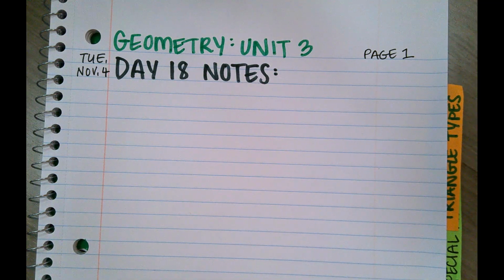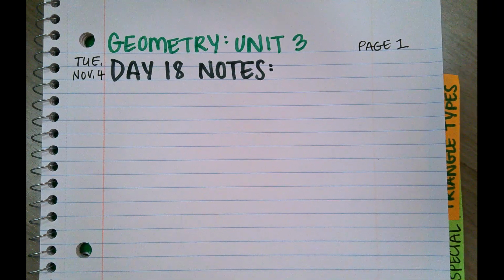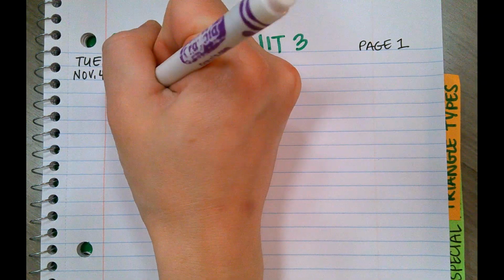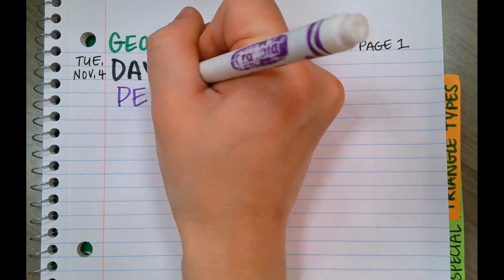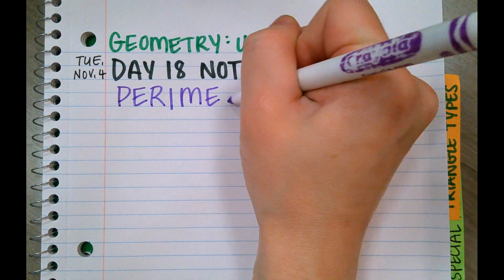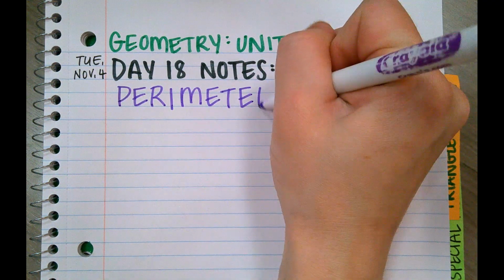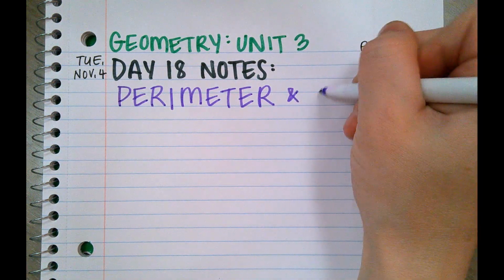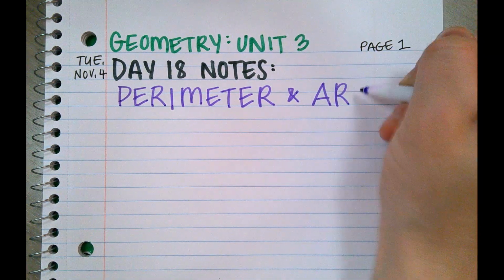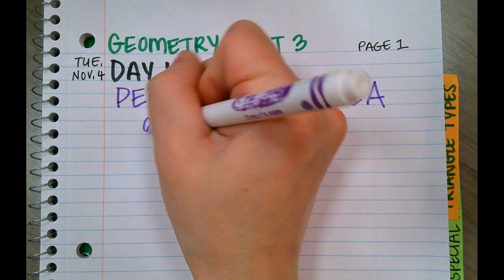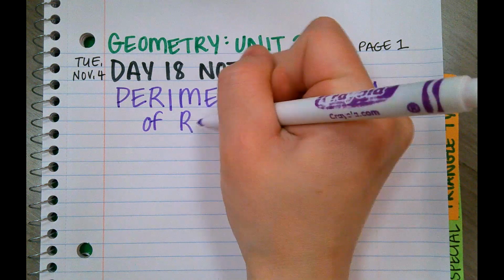And the title we are going to give our notes is Perimeter and Area of Regular Polygons.